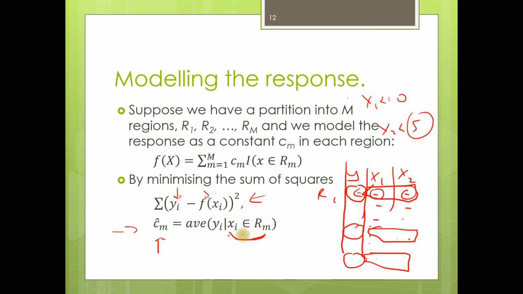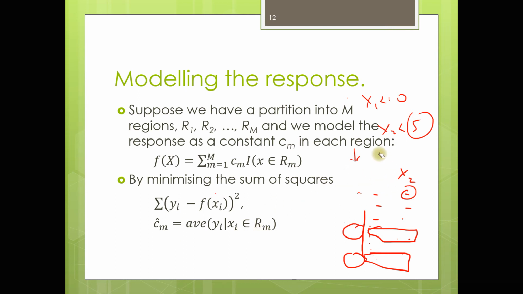You're not doing an average on x, but you're doing an average on y with regards to the split point and split variables within a certain region. So that is the constant that is going to be fitted, because it is the average that is going to minimize the sum of squared errors.